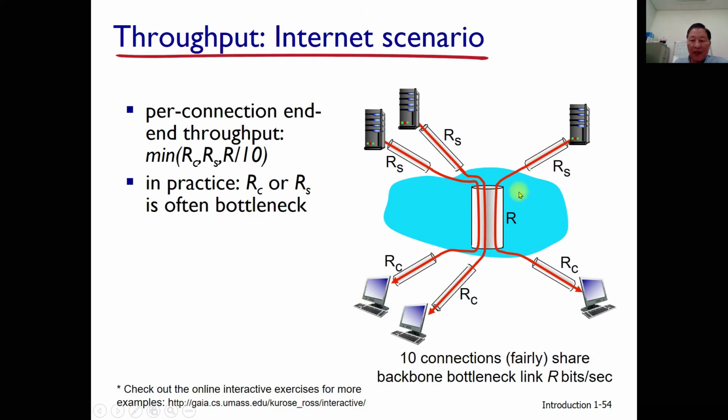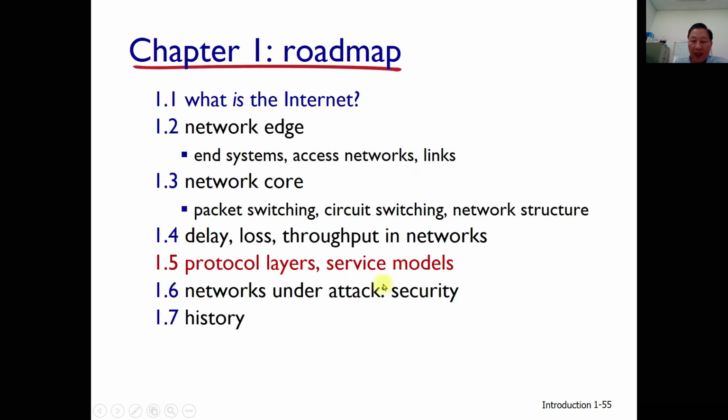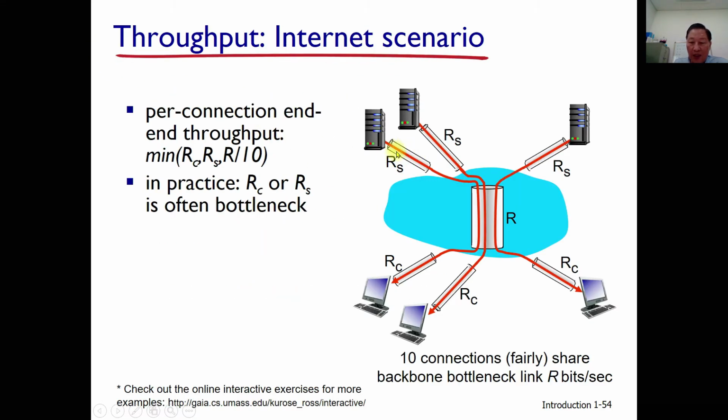Think about this case. With more links, which one will dominate the whole throughput? In this equation, we can get the minimum value among these. Among a single communication link, here RS first, then this R will be shared evenly.